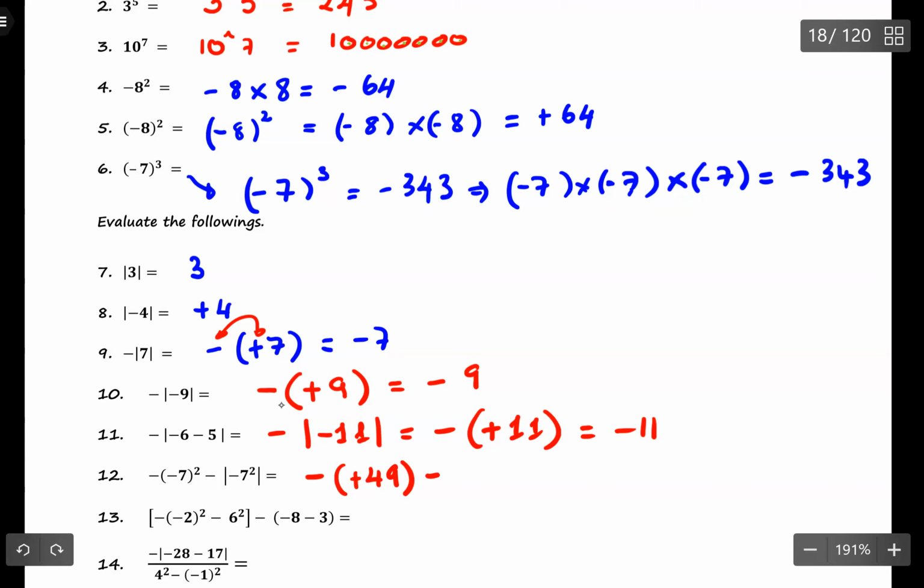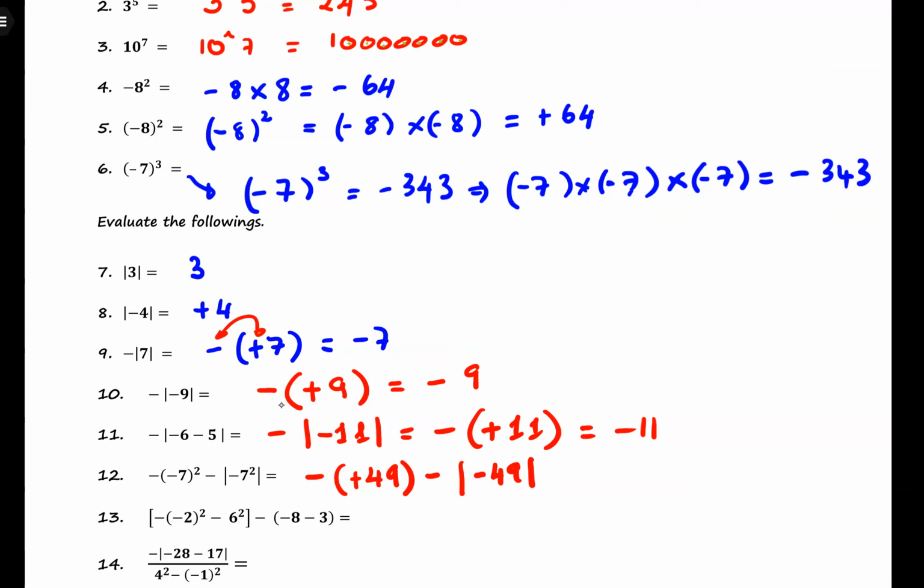Okay, then I will have negative 49 inside the absolute values, because I am having -7, okay, but the square is only for the 7. So we do step by step.